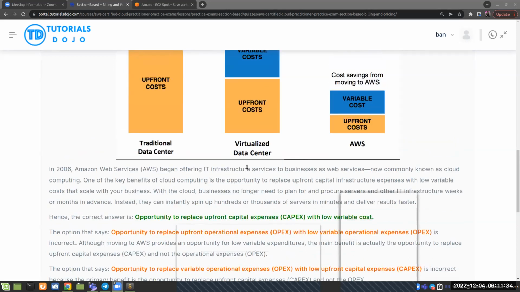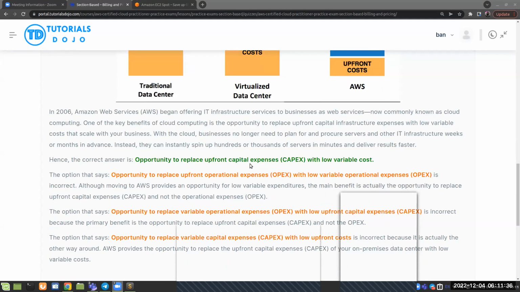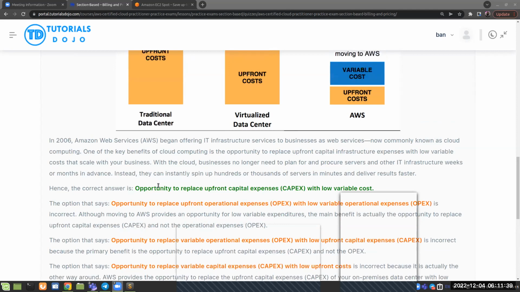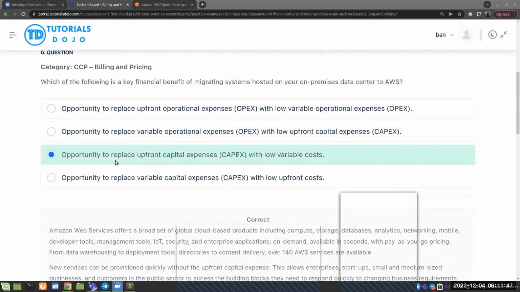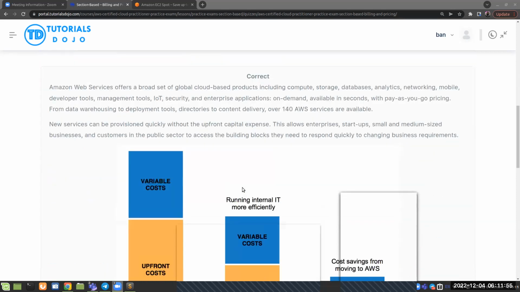We did cover that in module 1. Just know that in AWS, the key point you should always remember is you're always replacing upfront capital expenses, which is CapEx, with low variable costs. You don't have to pay for compute, storage, and database upfront.